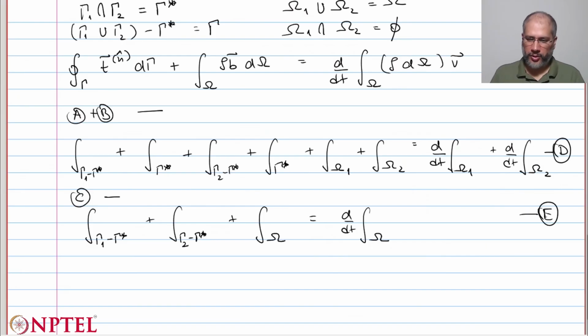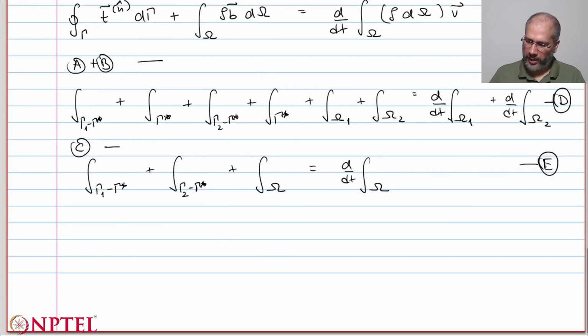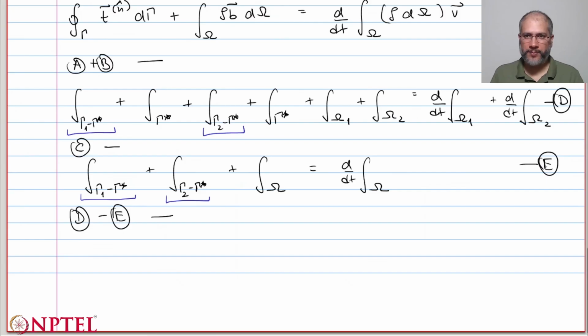So now we don't need to have A, B, C, all we need is D and E for the discussion now, and we'll now subtract equation E from equation D, and let's see what happens. So we have a gamma 1 minus gamma star integral, and we have a gamma 2 minus gamma star, and we have this and this, so they cancel out. And then we have an omega integral here, which basically is the sum of omega 1 and omega 2 integrals on the left hand side.